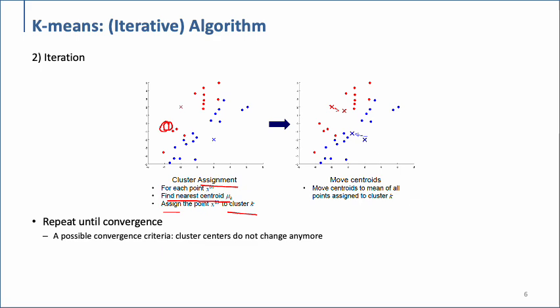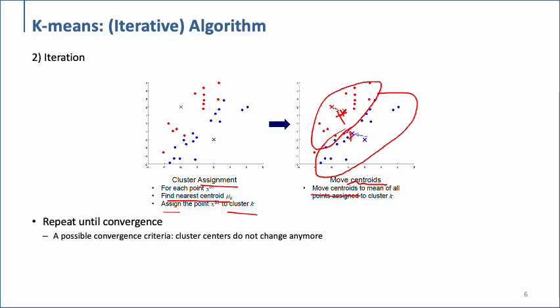Then the next step is finding the mean within each cluster. For this red cluster, the mean point is this one. And for the blue data, the mean is like this. For these mean values, the centroid should be moved.